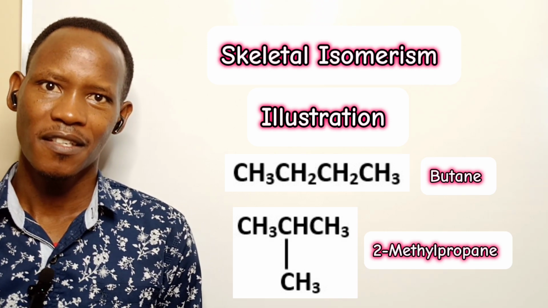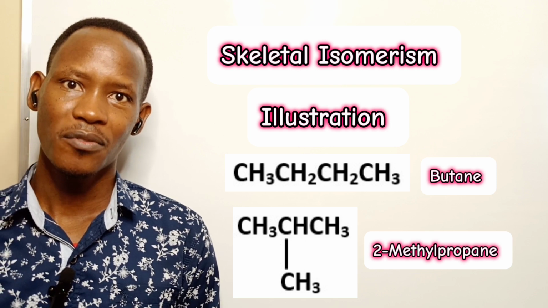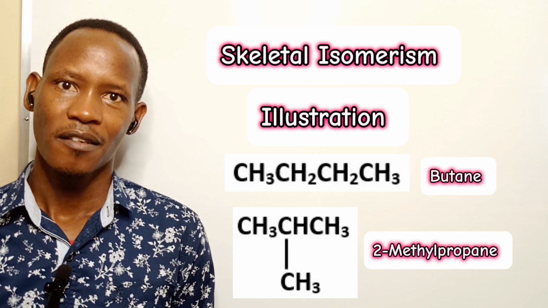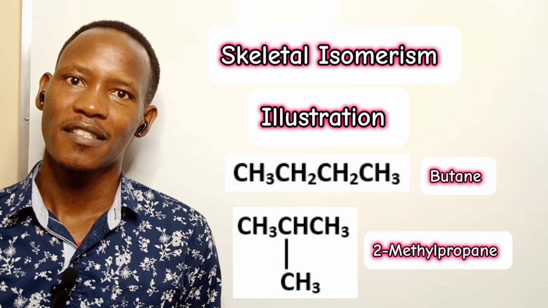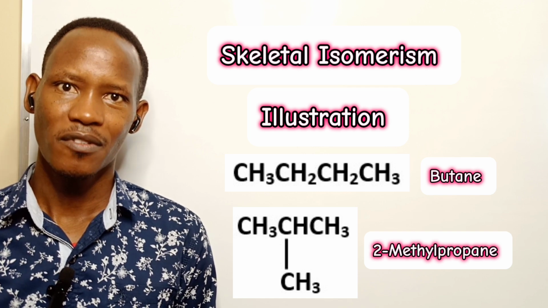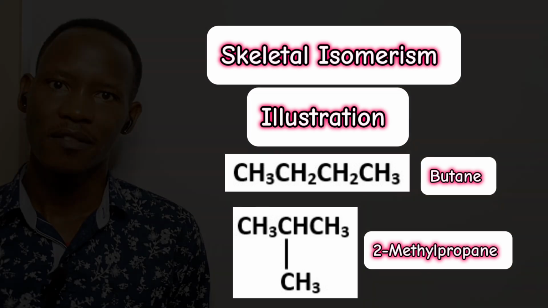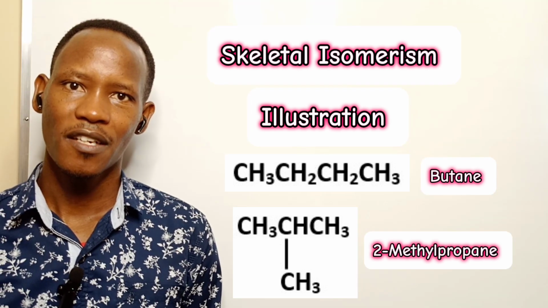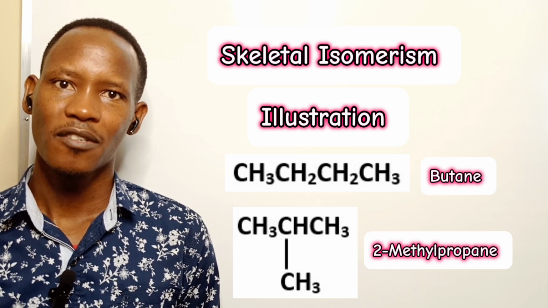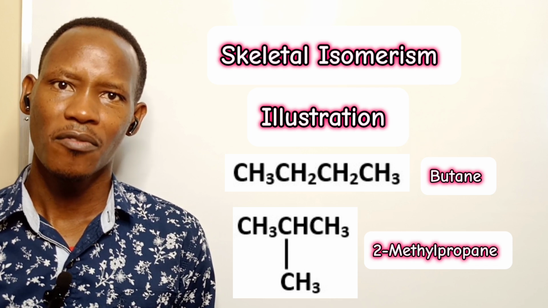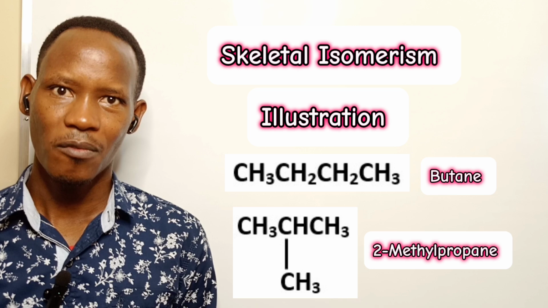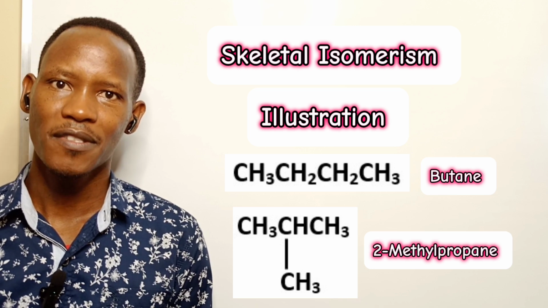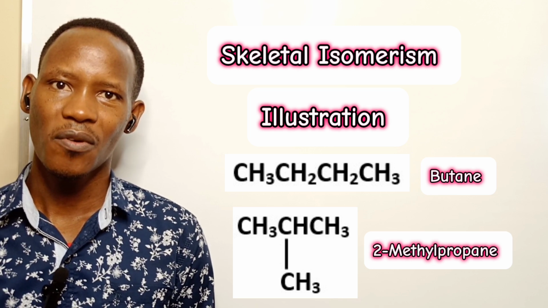Now notice that the two have the same molecular formula, but different carbon-to-carbon skeleton. With this, let me welcome you to the classroom in which we shall try to answer one of the examinable questions about the whole concept of constitutional isomerism.